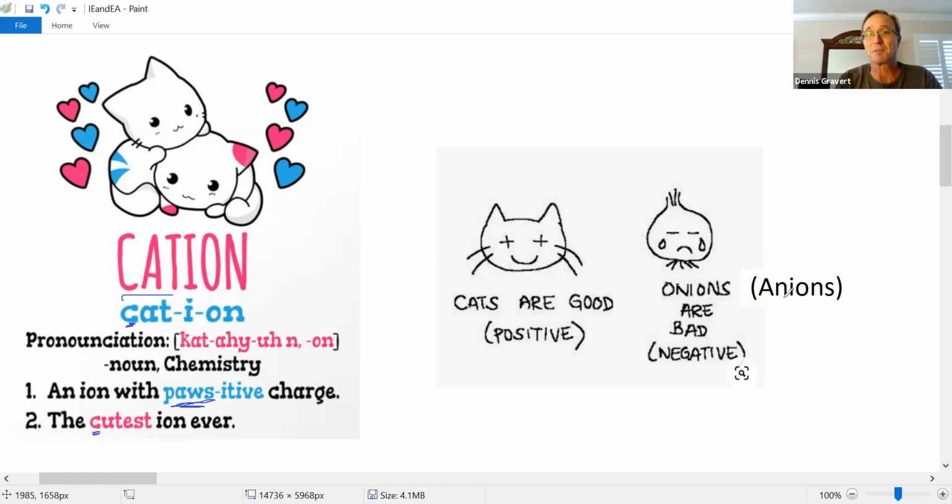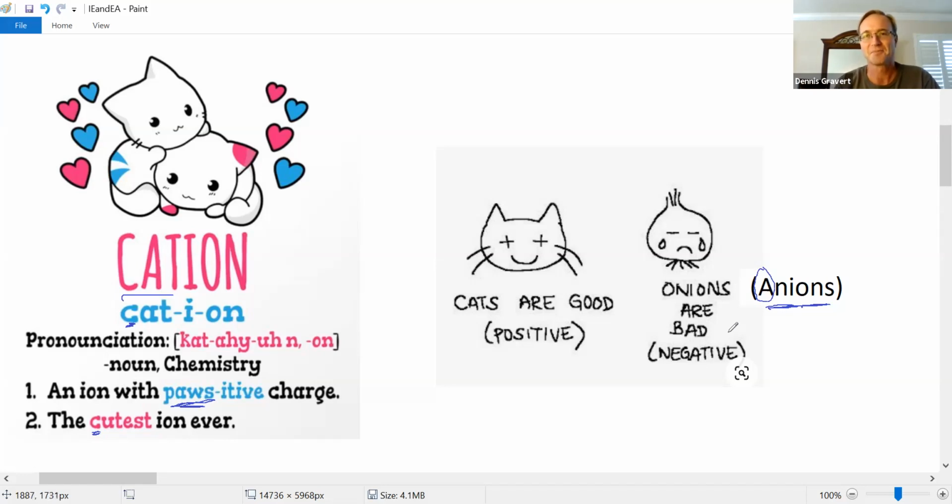Then we need something to remember the anions, the negatively charged atoms. Well, if you change the A to an O, you got onion. If you cut an onion, they make you cry. And something that makes you cry is negative. It's ruining your day. So onions are bad, they're negative. Anions are negative.